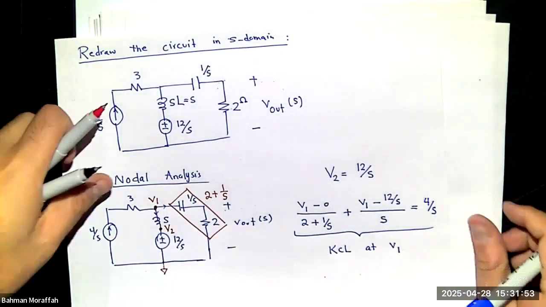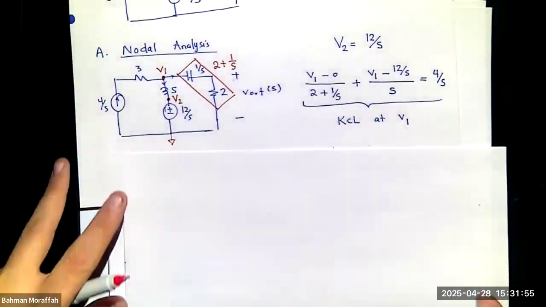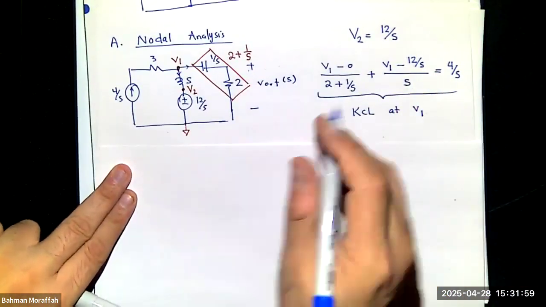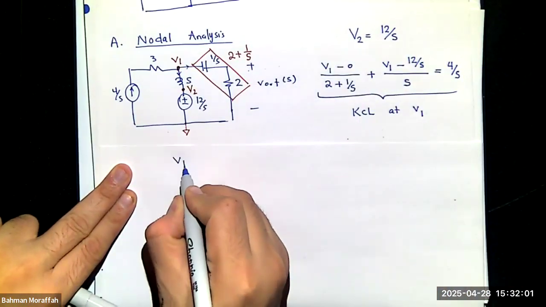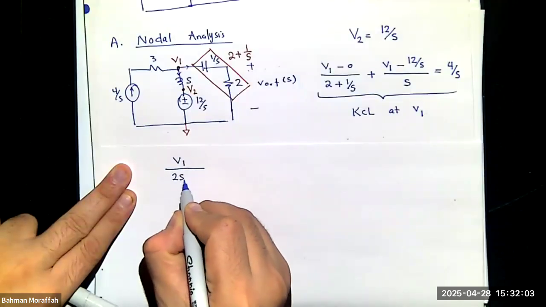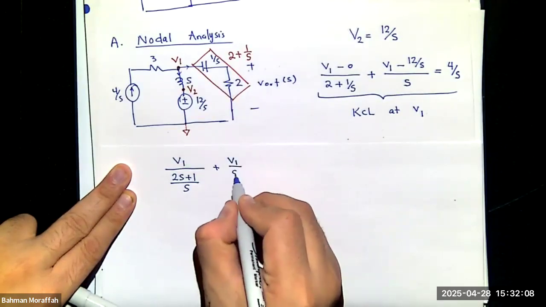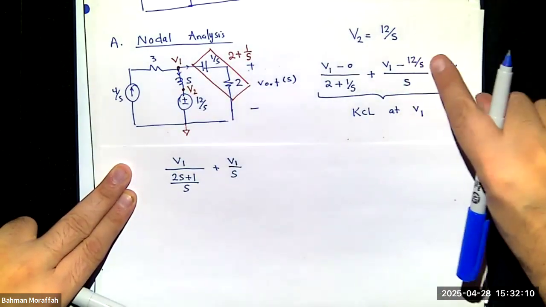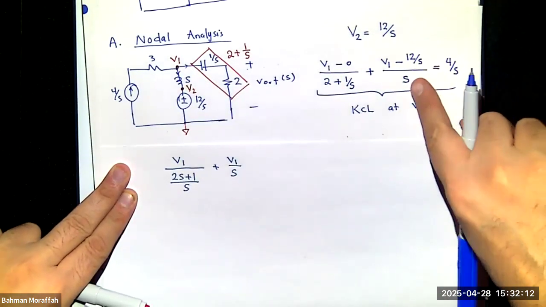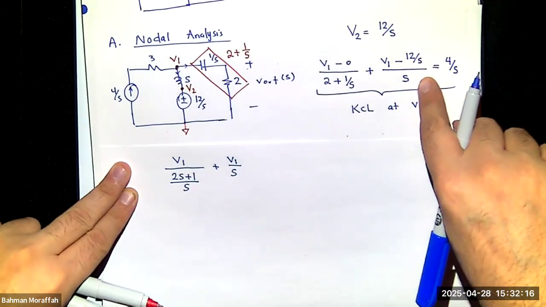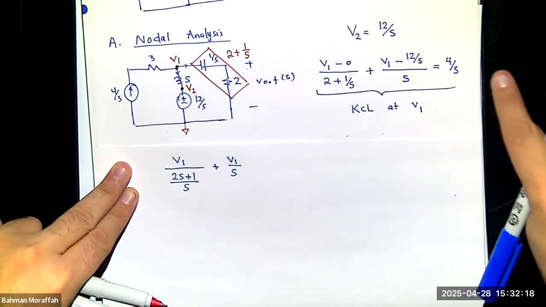So how do we do this? Well, I have V1 over 2S plus 1 divided by S plus V1 over S minus 12 over S, divided by S. So it's minus 12 over S squared, but it's nothing to do with my unknown. So I can basically take it to the other side.